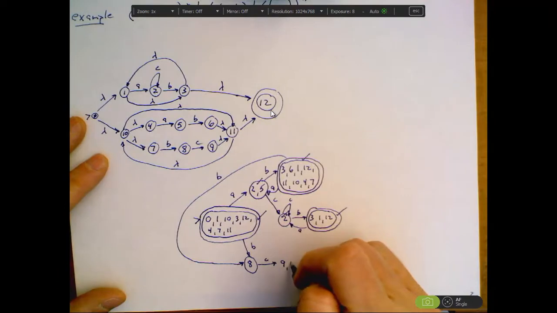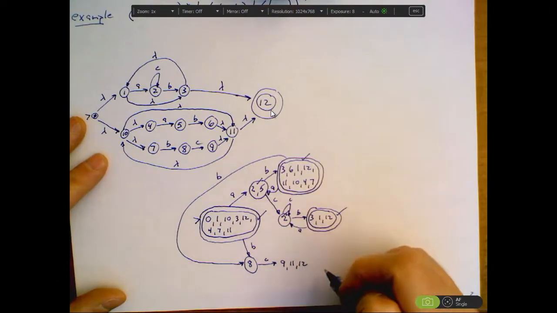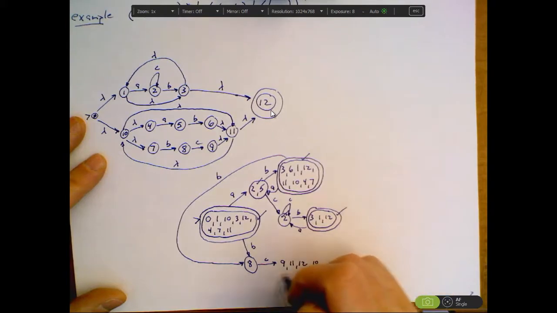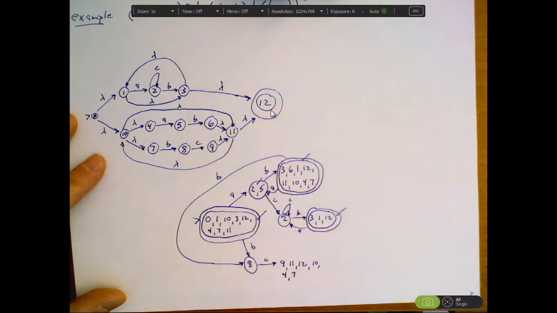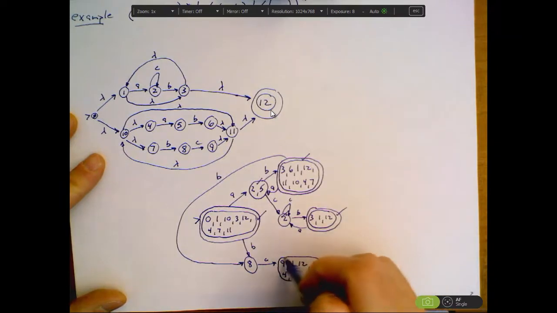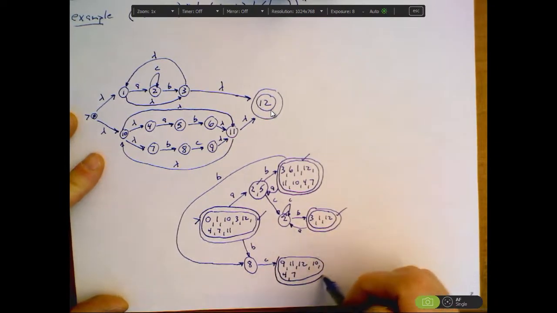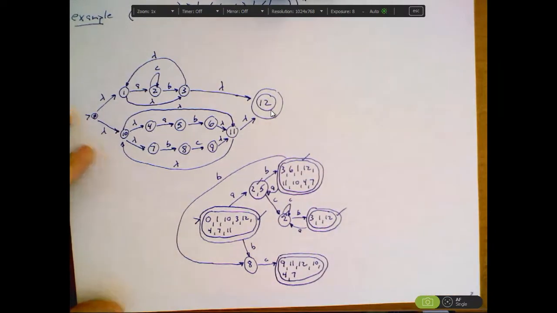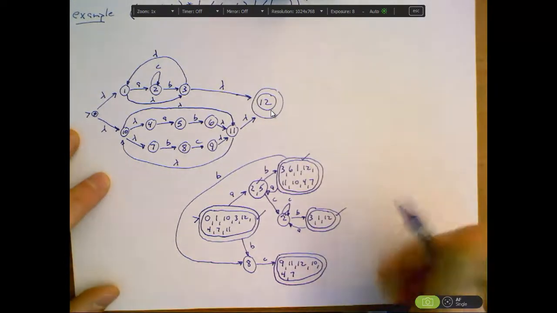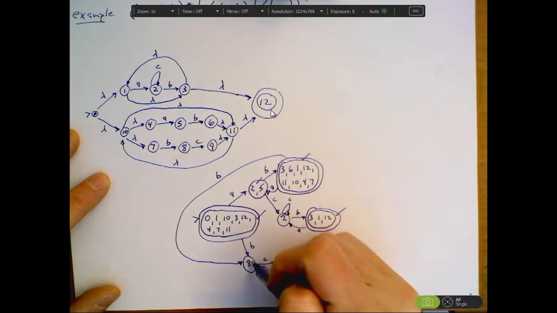So it goes to 11, it goes to 12, 11 comes back to 10, 10 goes to 4, and 7. 12 is in that set, so it will be a final state in the new machine. And that's all that can happen out of 8. So that's done with 8.